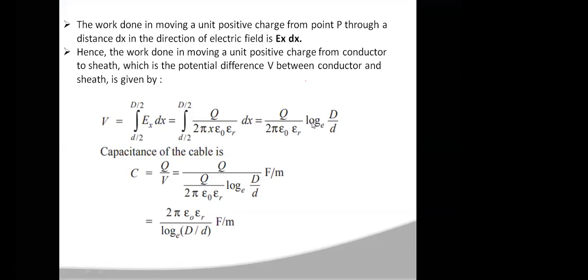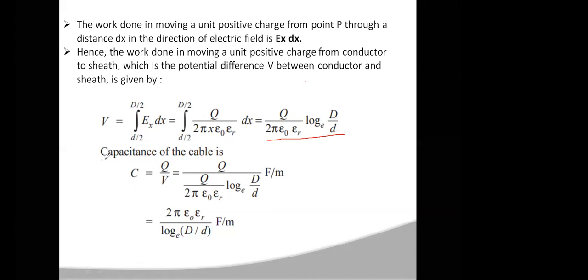Then you will have log of capital D by small d. So this is the potential difference between your conductor and the surface of the sheath: q by 2 pi epsilon naught log D by d to the base e.